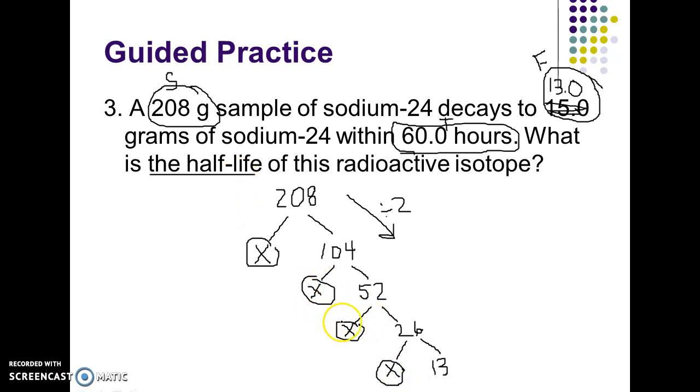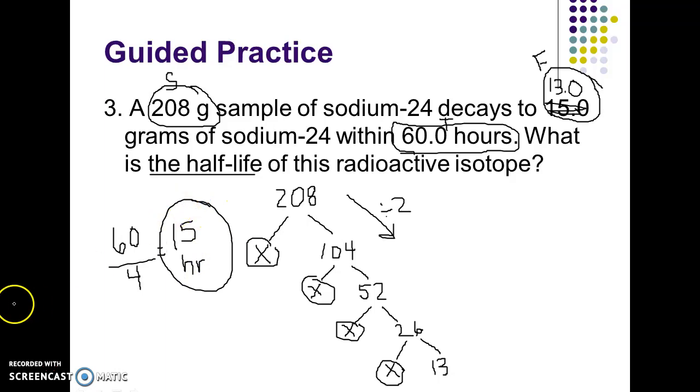Okay, my question is saying all of this happened in 60 hours. And I want to know how long it takes for 1 half-life. So I'm going to do 60 divided by 4, which will give me 15. I have 15 hours for 1 half-life. So that is the answer to my question.